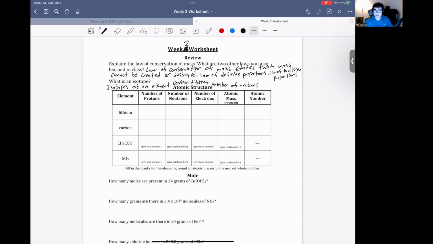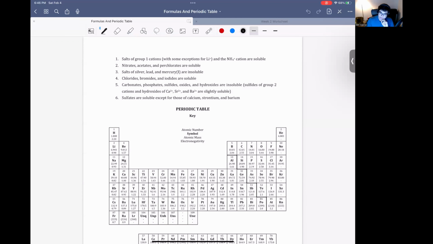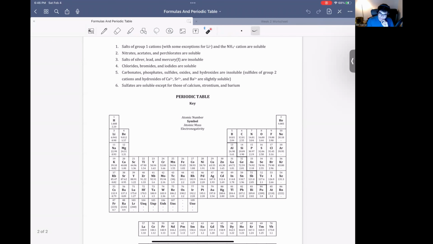So we're going to move on to this table where we're going to label the atomic number, the atomic mass, the number of electrons, protons, and neutrons. So first thing is lithium. Lithium has an atomic number of 3. For this, you would just look at your periodic table. Lithium is right here, atomic number 3.